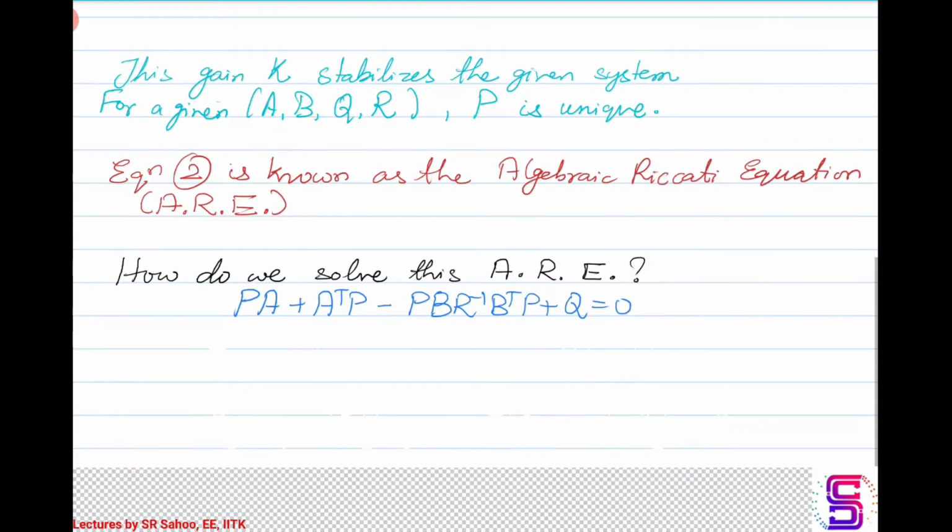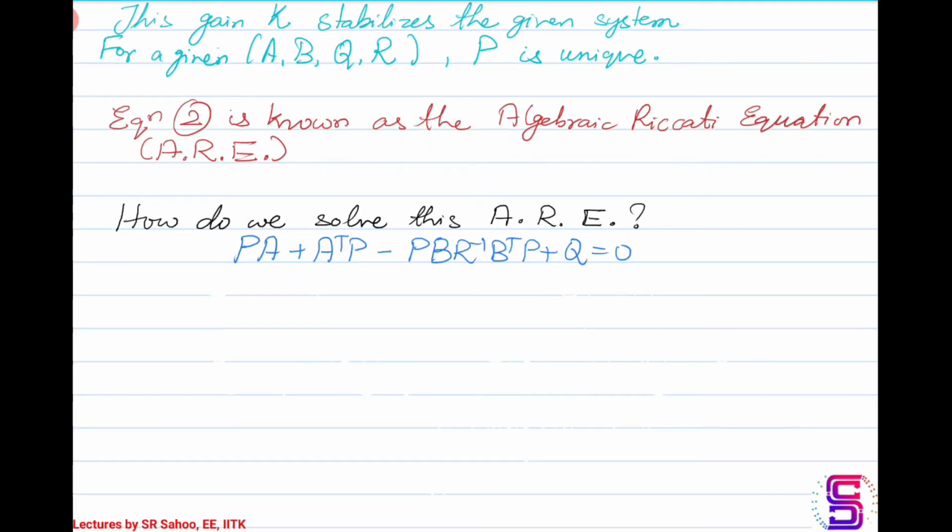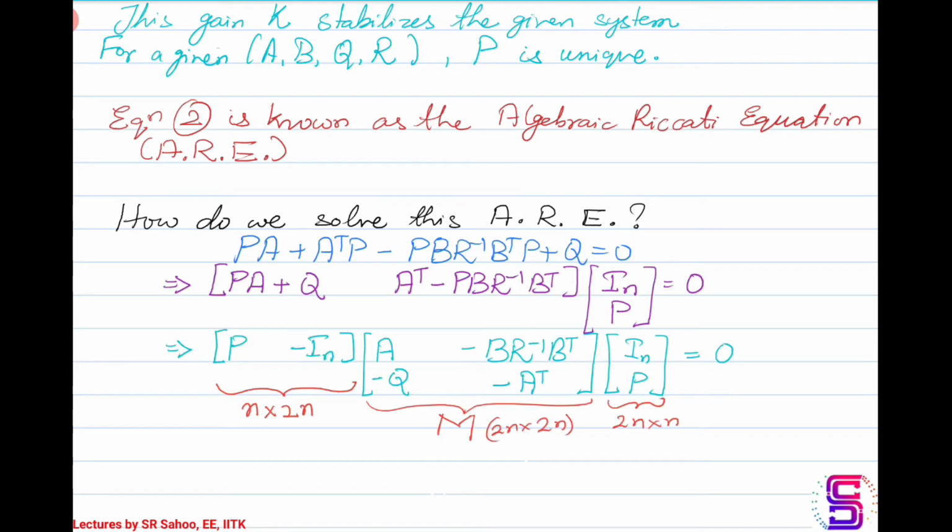To see the solution, we'll start by rewriting this ARE in the form of product of matrices. So if we break this down, we eventually get this particular form. So we have an n cross 2n matrix being multiplied with a 2n cross 2n matrix, which is again being multiplied with a 2n cross n matrix, and that is equal to 0. Now this 2n cross 2n matrix is composed of A, B, Q and R, all the known terms, and the unknown term has been passed on to the n cross 2n and 2n cross n matrices.